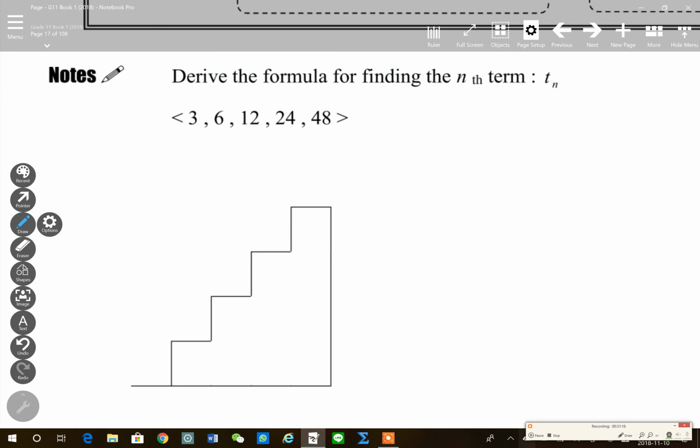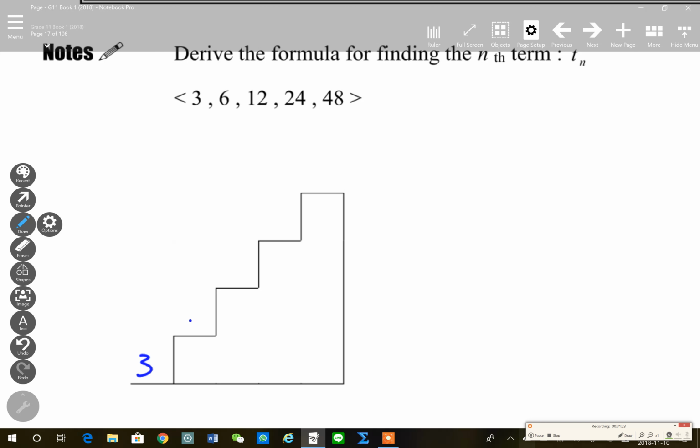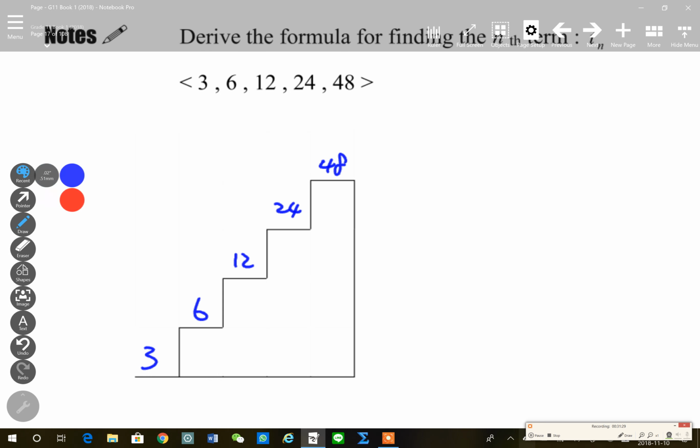Okay, so there are 5 numbers. I want you to put the numbers in: 3, 6, 12, 24, 48. The last number here, write it down, please. This one is T5.